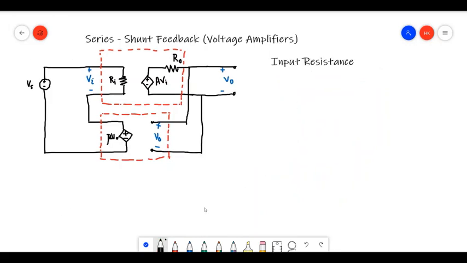Okay, so we have calculated the closed loop gain. Apart from closed loop gain, there are two other important parameters, input resistance and output resistance, that we need to calculate. Earlier I forgot this, so we can simplify this diagram into a system like this, right? Here the input is Vs, and this drawing now is the closed loop system.